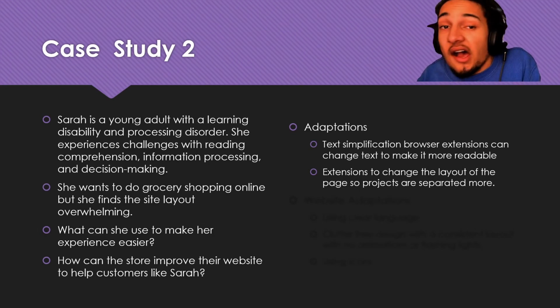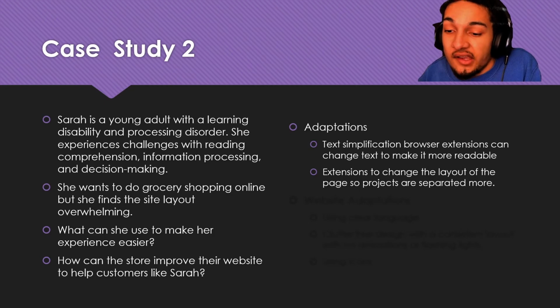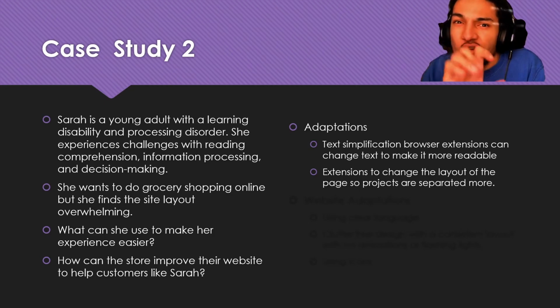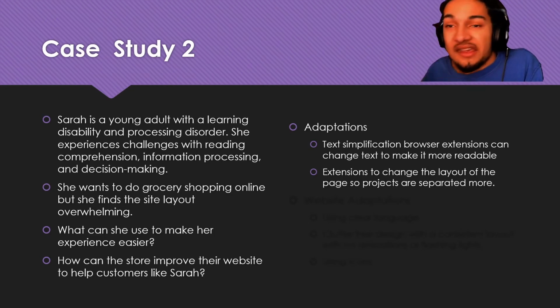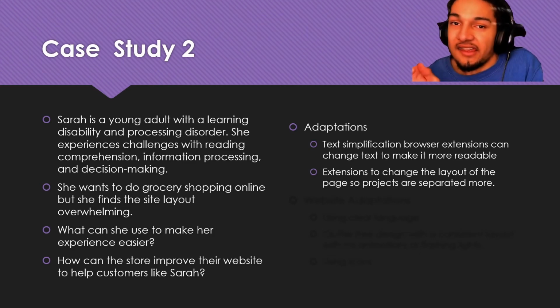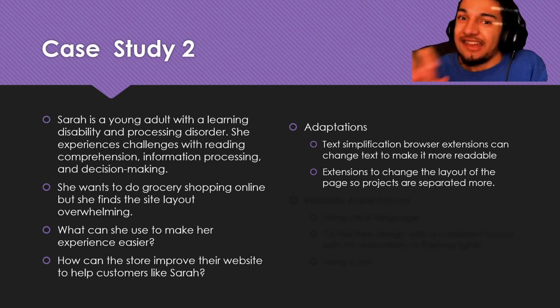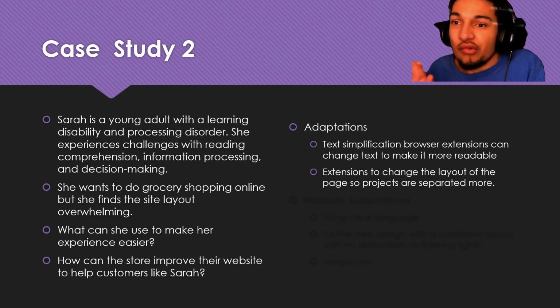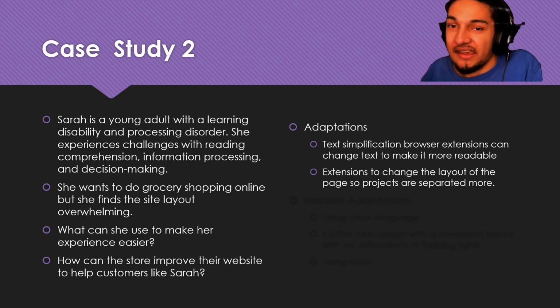Another thing that could be helpful for her, because she has sensory processing disorders, is that seeing lots of things in a cluttered format could make it difficult for her to process all of the information she's receiving. If you look at Amazon, for example, you quite often will have 8 to 15 products on a single page at any given time, sometimes more.